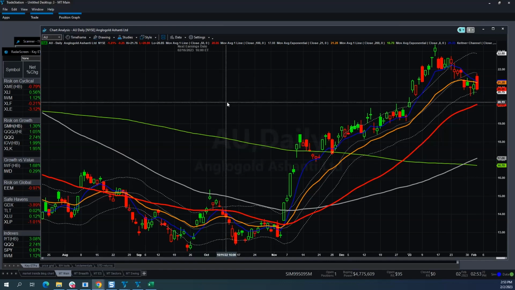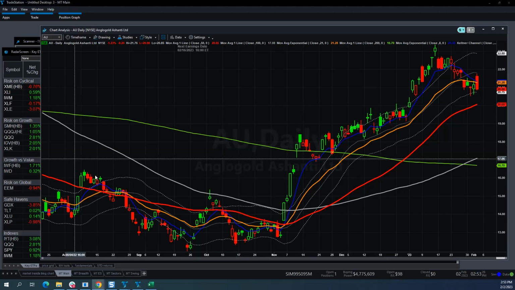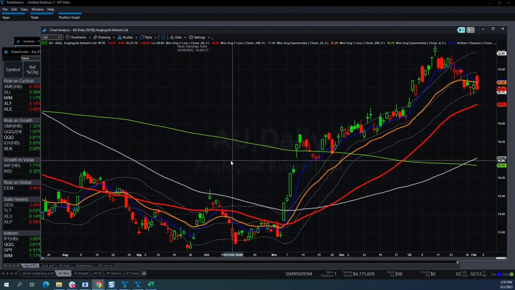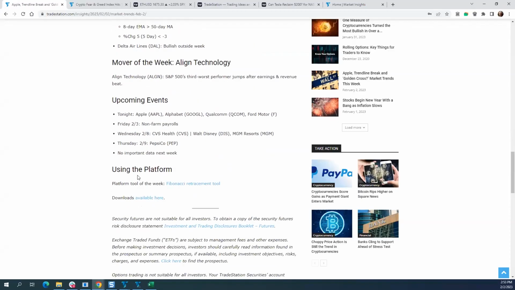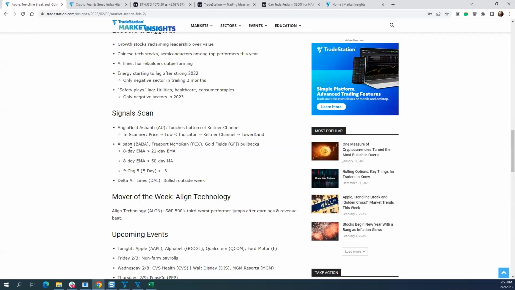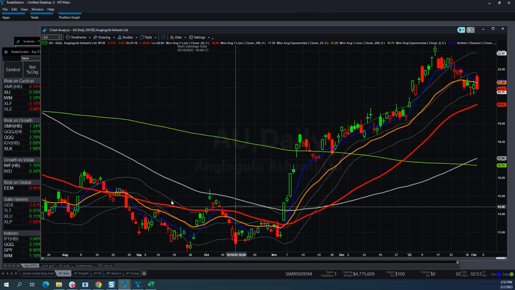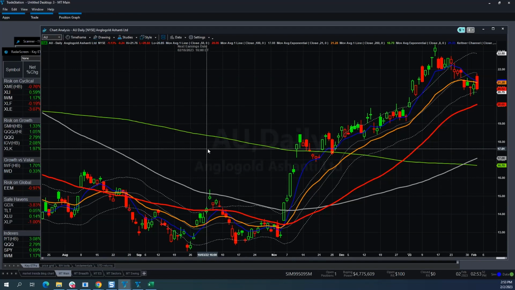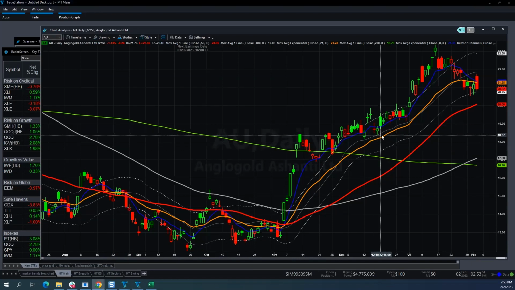Some other ones that are similar: what I did was I simply scanned for stocks that were 8-day above the 21-day. It's just a simple one, and then they were just down a lot in the last week, for example. One of those that came up on the list was BABA.